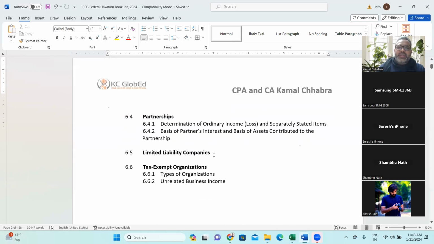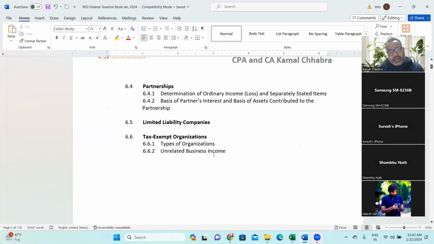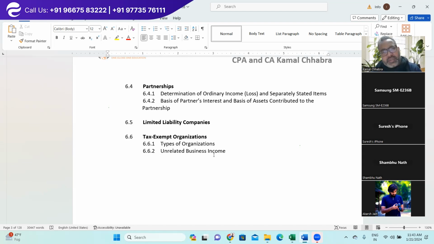Then after, we'll be studying the partnership. Again, a partnership is a pass-through entity. It will not be taxed independently as a partnership firm, but the profit of the partner is added in the hands of the respective partner and taxed there. However, a new tax regime has been implemented which requires an informative return for the partnership firm and S corporation in Form 1065.